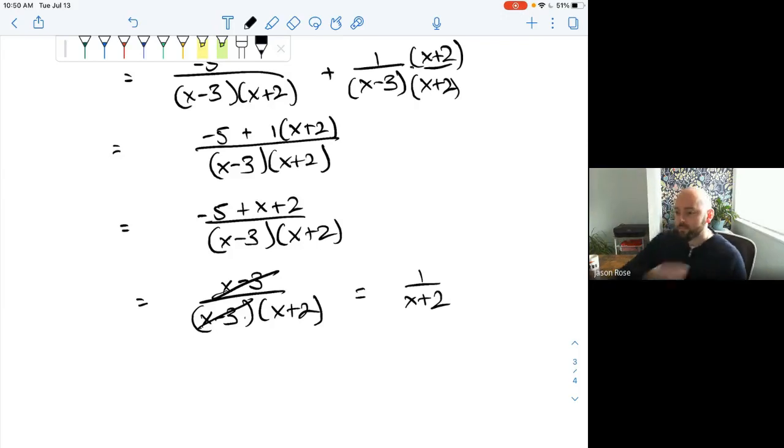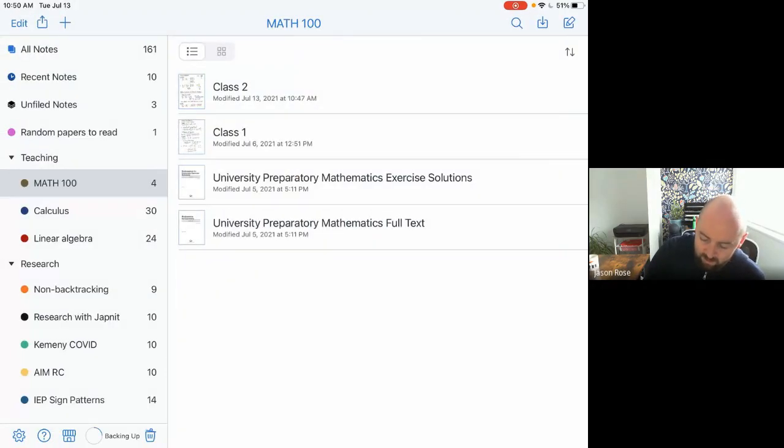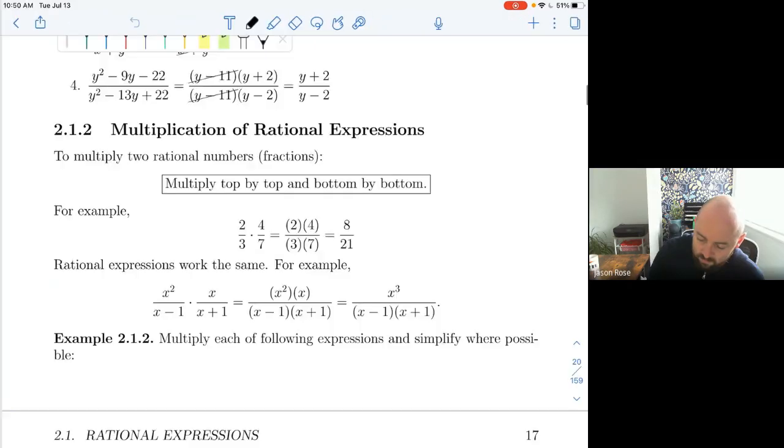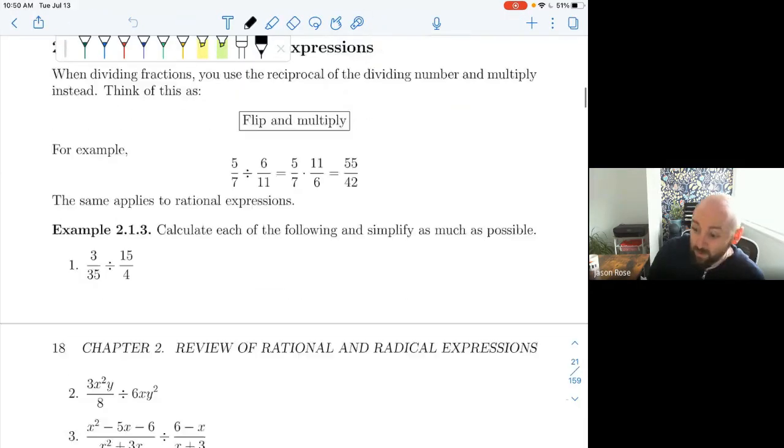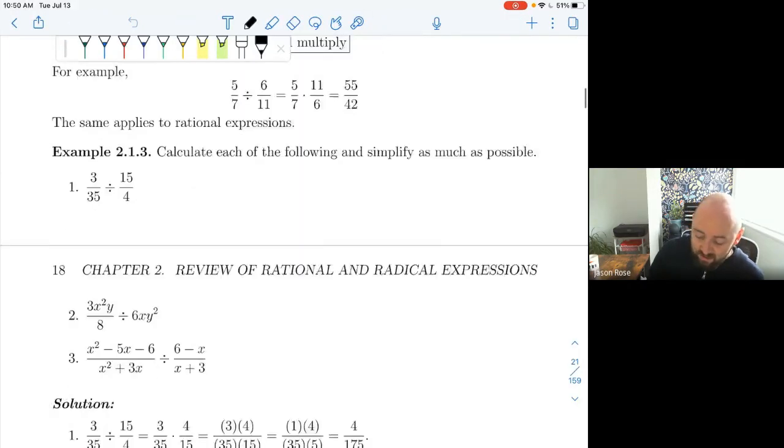Can we do one more example before we move on. I'm just checking the time because there's quite a bit to get through today. 10:50. I think we have time for one more. The multiplication and division is, I think, a little easier.